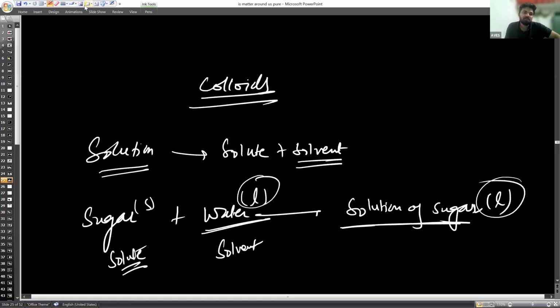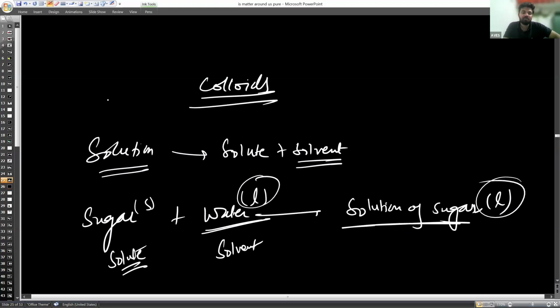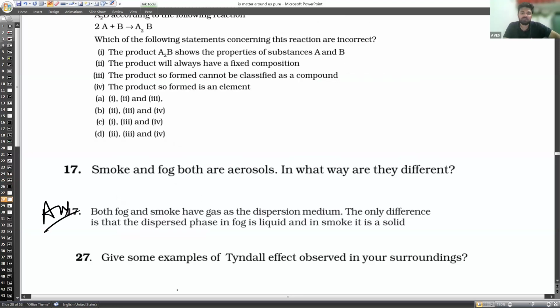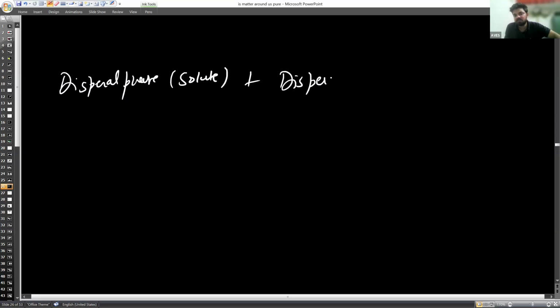Next, there is the dispersal phase and the dispersion medium. The dispersal phase we call the solute, and the dispersal medium we call the solvent.